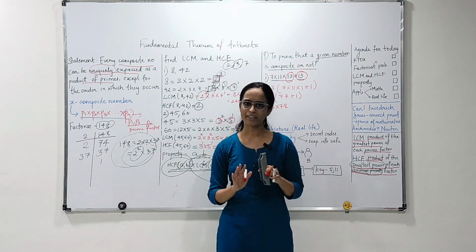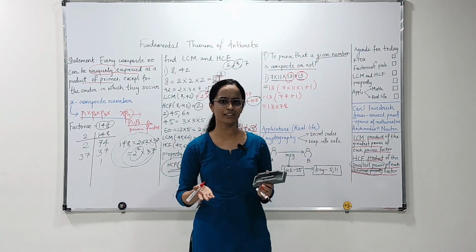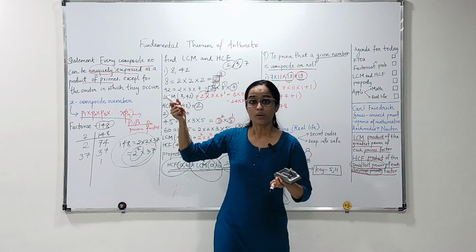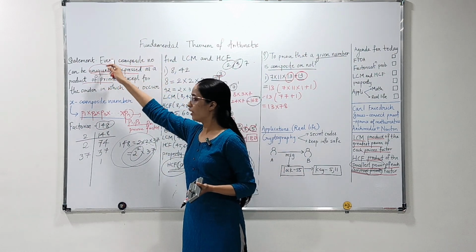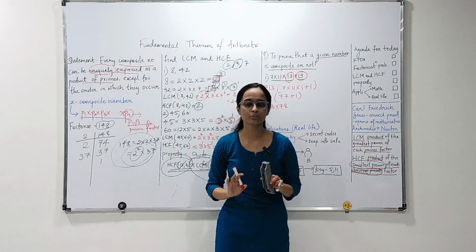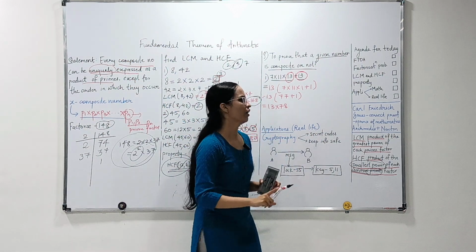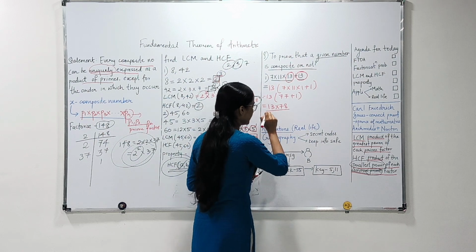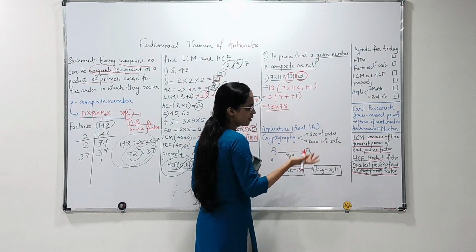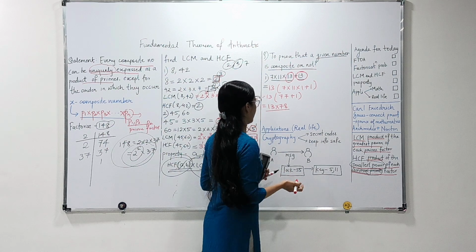Now, am I going to proceed further? Of course not, because the theorem says that a composite number is supposed to be expressed as a product of primes. So are we getting a product? Yes. Now, is this a product of primes? Of course, it is a product of primes.